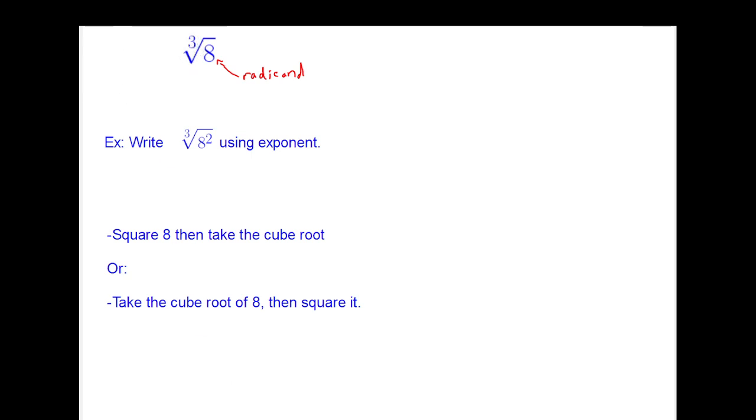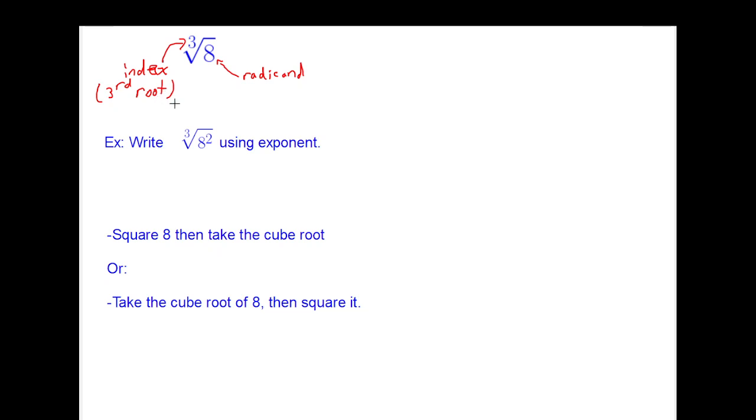So this 3 here is what we call the index. And that just tells us which root we're looking for. So in this case, we're looking for the 3rd root. What number multiplied by itself 3 times would give us 8?